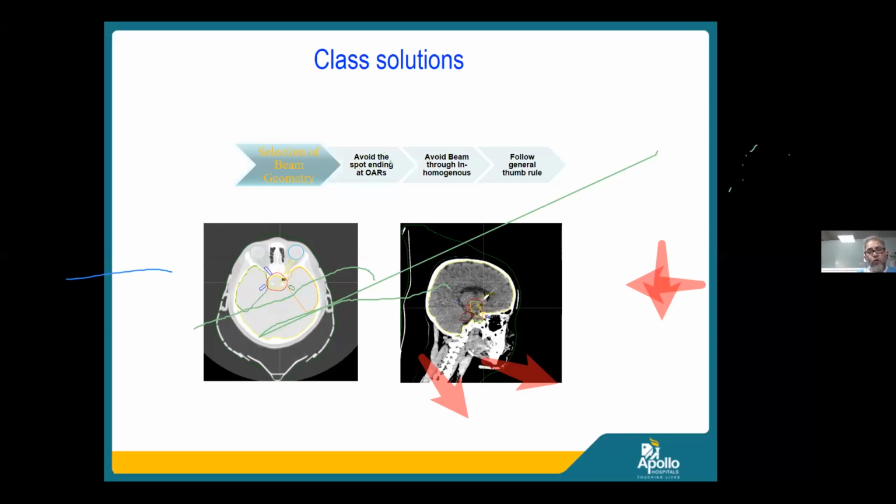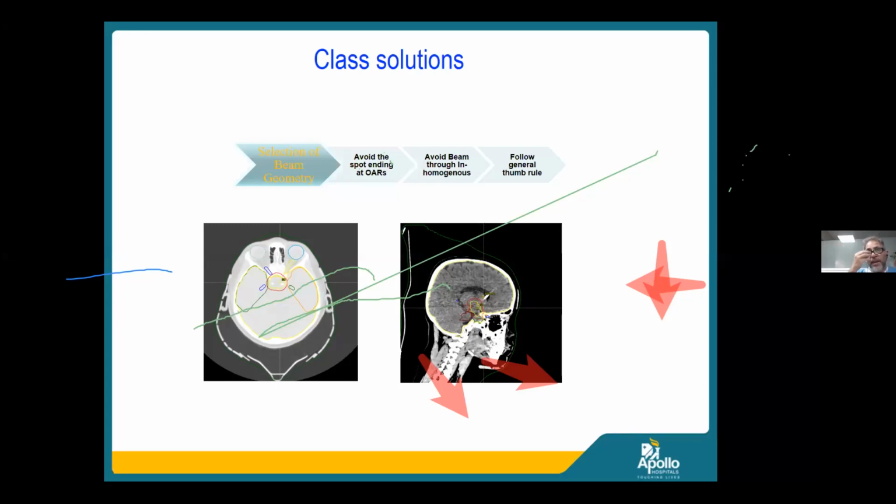Therefore we do what we call planning CTs and quality assurance CT scans and MRIs, three to four sometimes during the treatment, to look at the image guidance, but also to see whether there is any change of the density.